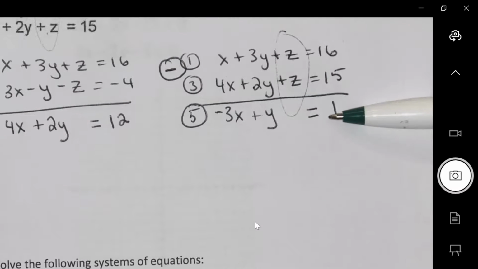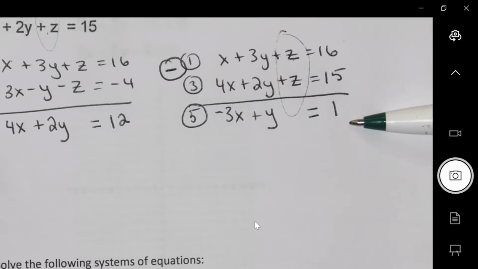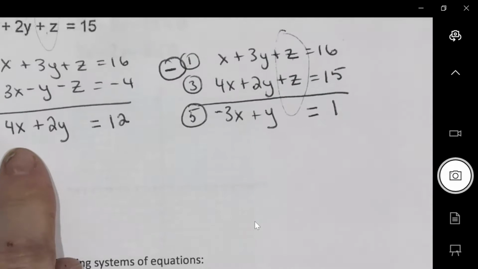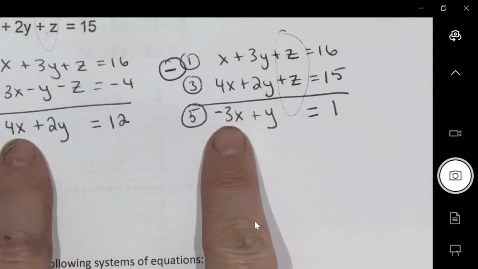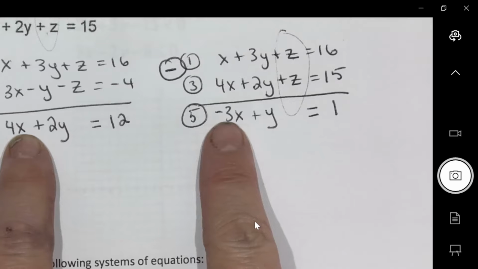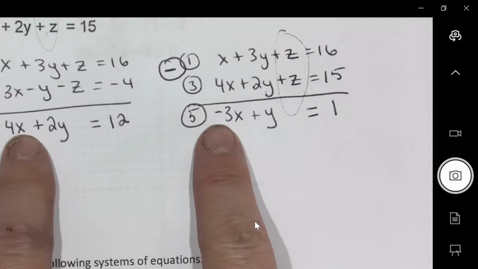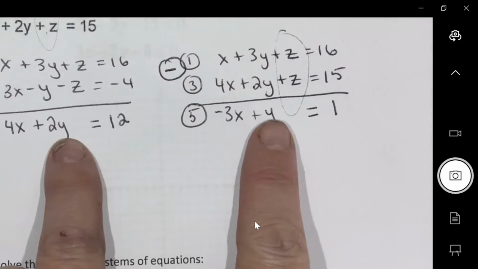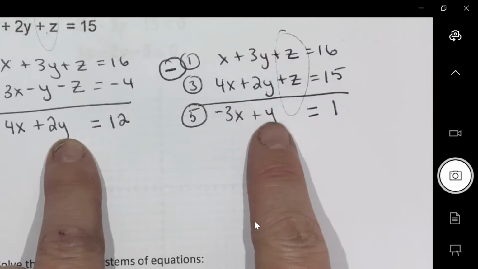Okay, so I'm going to look at just 4 and 5 now. Which letter, the x or the y, would I make the same? So if I was looking at the x's, I would have to times this by 3 and this by 4 to make them both 12. That works. But I think this is easier because all I would have to do is times this by 2 to match.